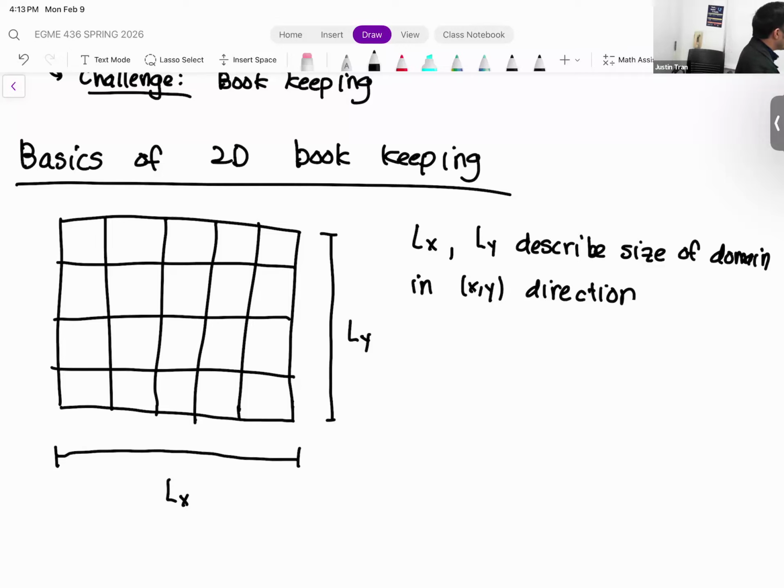Note that Lx and Ly are always given in some kind of physical measurement. So for Lx and Ly, we're talking like 1 meter, 2 meters, 3 meters. So this is the physical measurement.